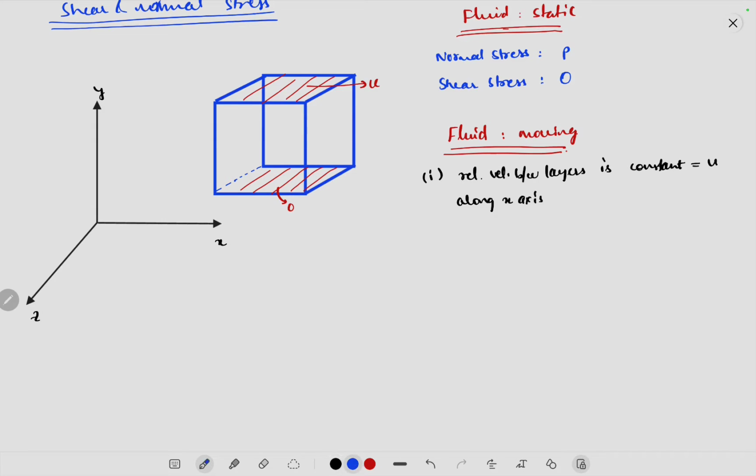If I give you this question, then according to your current knowledge, you may say that the normal stress is again P, and the shear stress, from Newton's law of viscosity, will be mu del u by del y.